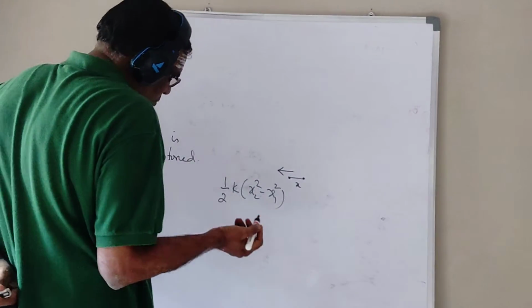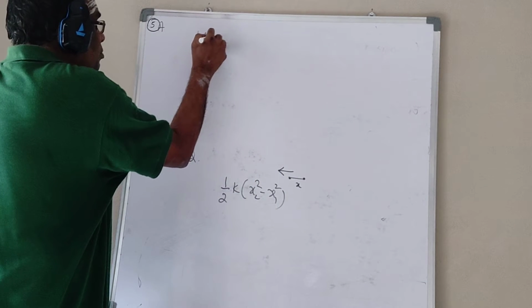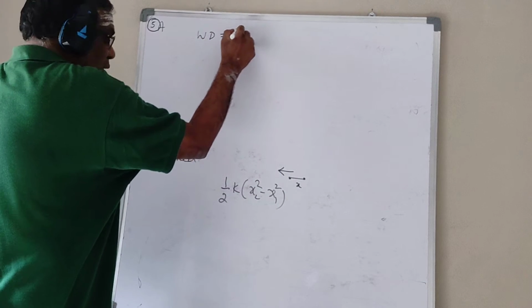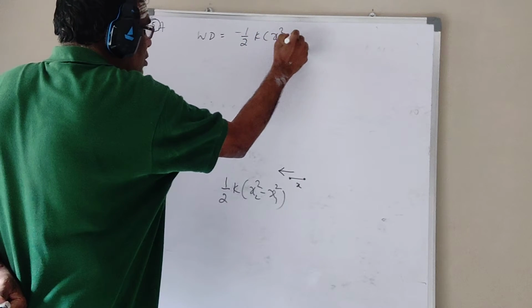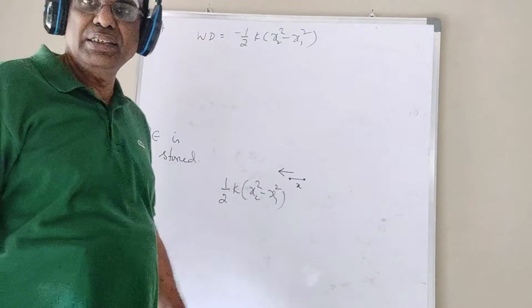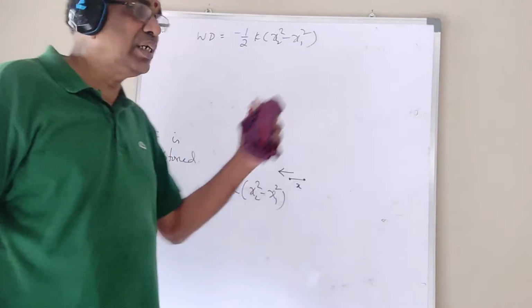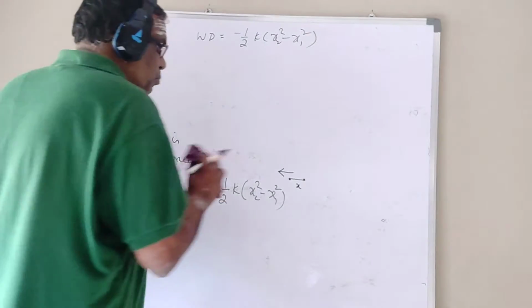Potential energy, if you take it as work done, will be what? Minus half k into x2 square minus x1 square. So work done is like this and the potential energy is like this.